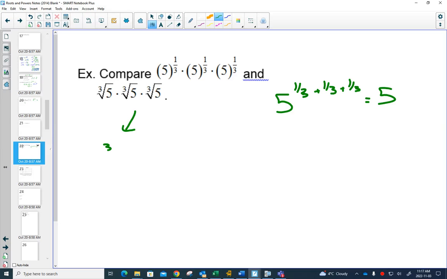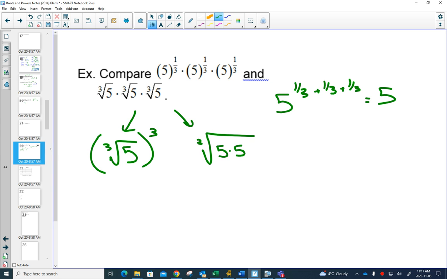You could either write this as the cube root of 5 cubed, or you could write this as the cube root of 5 times 5 times 5, 125. Either way, the cube root and cube cancel each other out. You're like, oh, I have 3 5s inside and I'm doing a cube root, I can pull 1 out. This would be equal to 5. And as a result, we can say that it must be true that the cube root of 5 is the same as 5 to the 1/3.